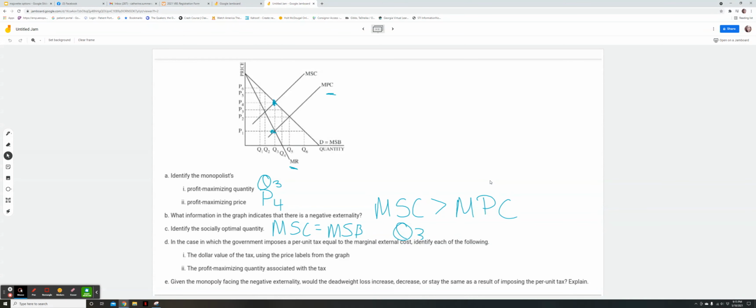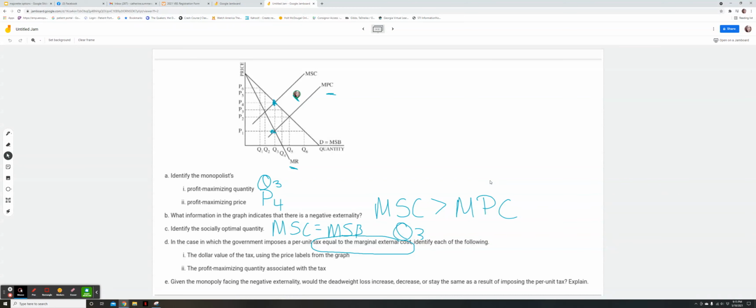Now here's the part we couldn't figure out. In the case in which the government imposes a per unit tax equal to the marginal external cost, identify each of the following. The tax is equal to the marginal external cost, the additional cost to society. That additional cost to society is represented by the vertical distance between these two curves.